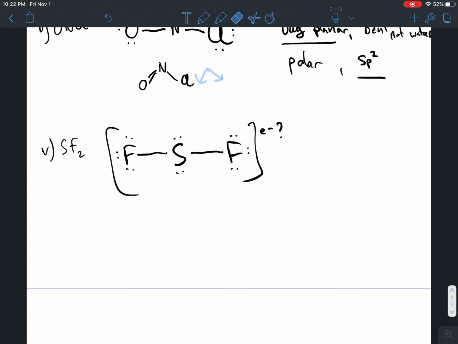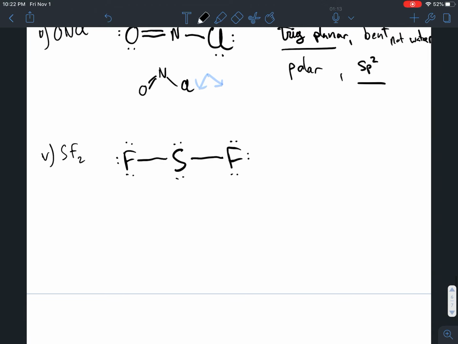You know, there's definitely not a negative charge. I stand corrected. So that's it. That's the molecule, not the ion. The base shape is tetrahedral. The molecular shape is bent like water. And is it polar?